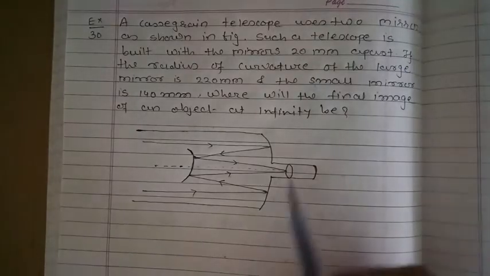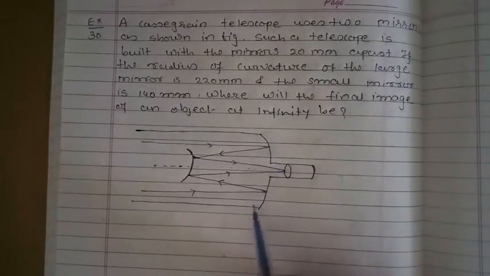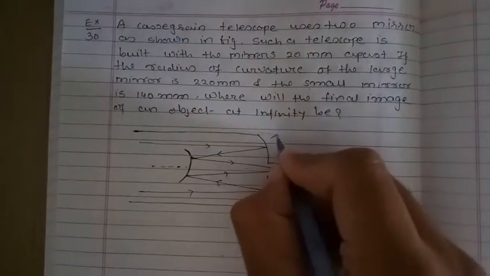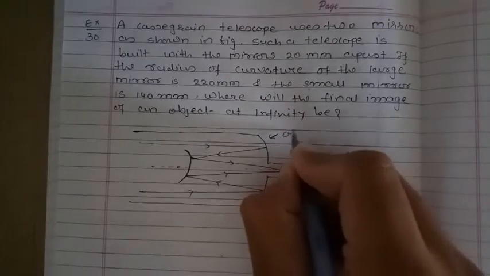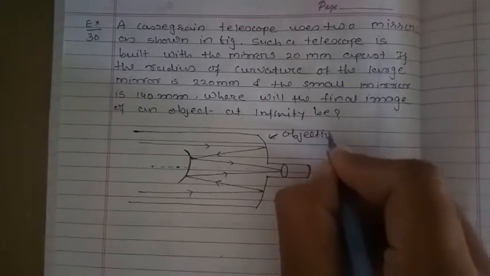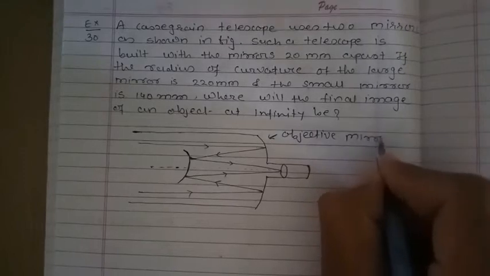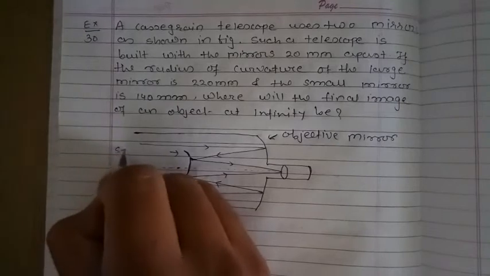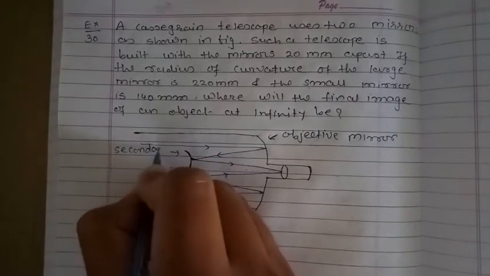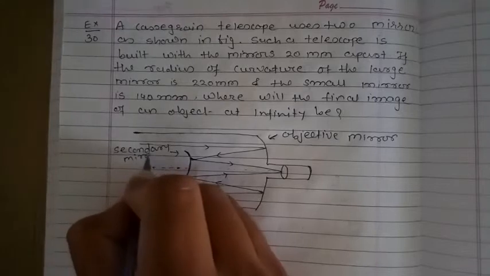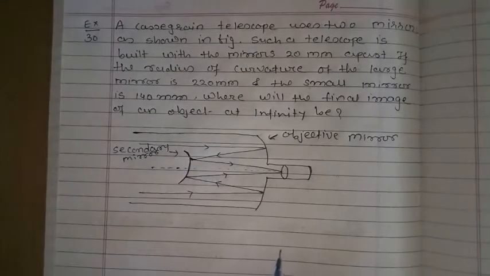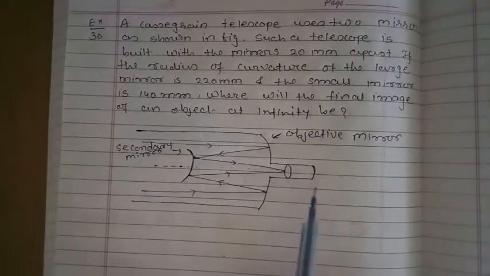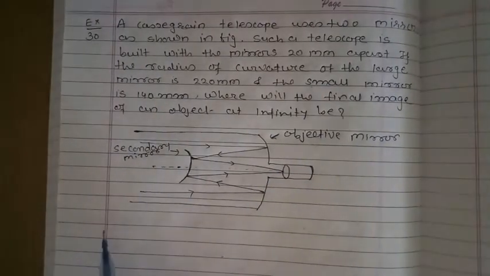So this is our primary mirror, or we can say objective mirror, and this is our secondary mirror.